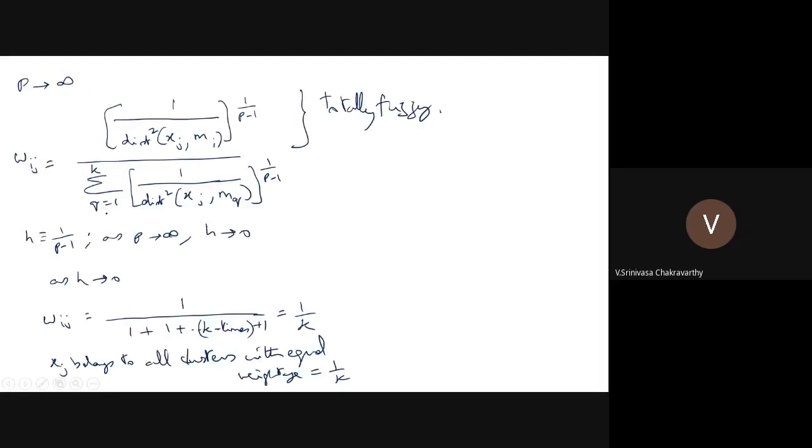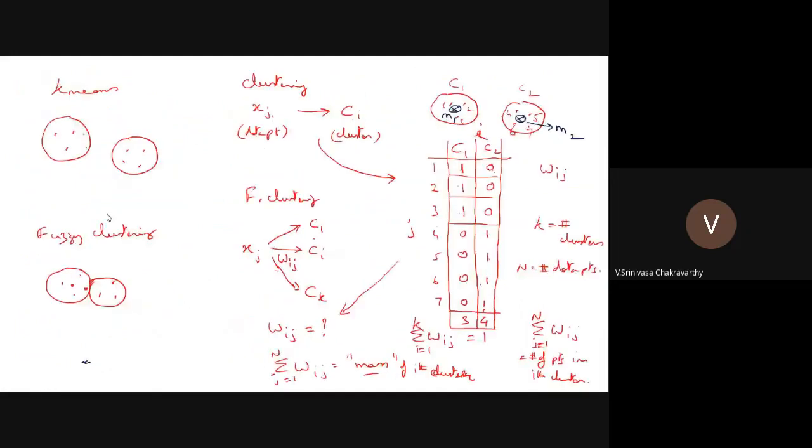Again, let's take h equal to 1 over p minus 1. So when p tends to 1, h tends to infinity. Look at the same expression. We want to show that your wij now will start looking like the binary wij that you got in the case of k-means clustering. It will just look like this, 1 0 0 kind of thing.